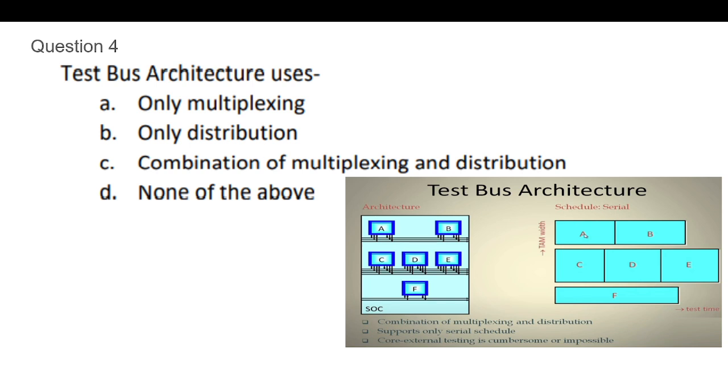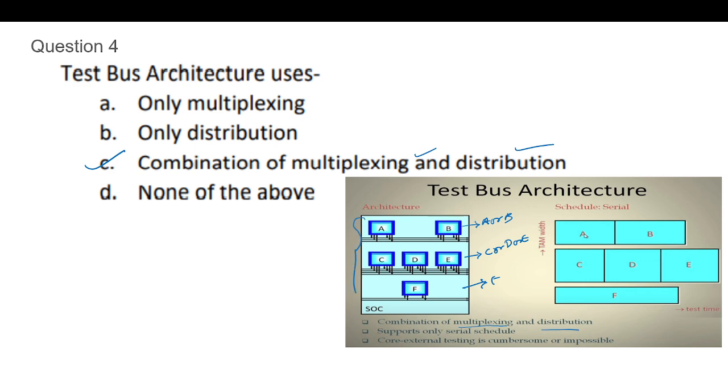Next question: test bus architecture uses. This is the test bus architecture slide that we have seen. It uses a combination of multiplexing and distribution. I hope this is clear that in a core, either we can test A or B, C or D or E, F. A, B is in multiplex, C, D, E is in multiplex, and then F is in multiplex forming.